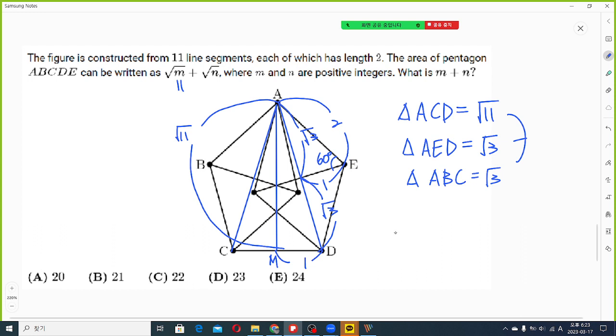The square root of 11 plus 2 square root of 3.